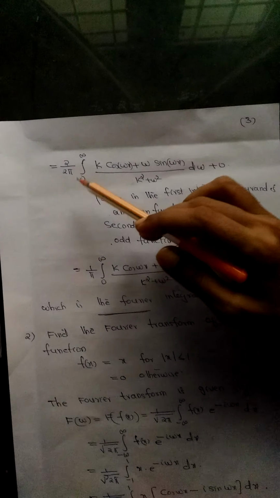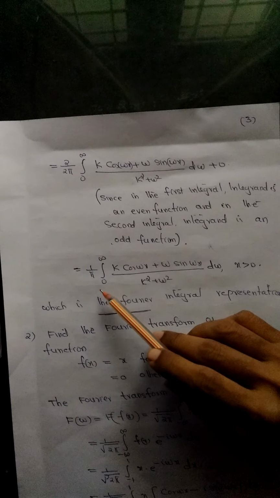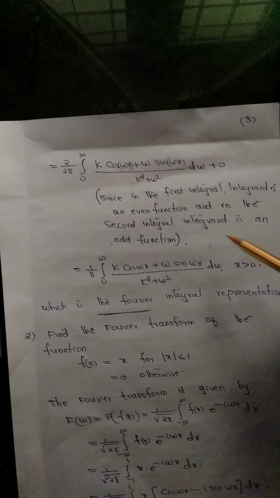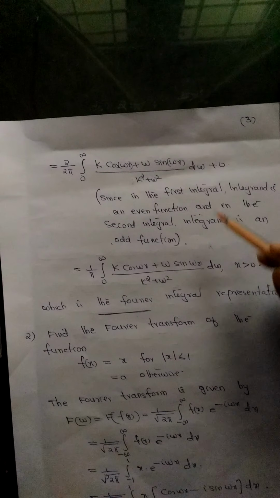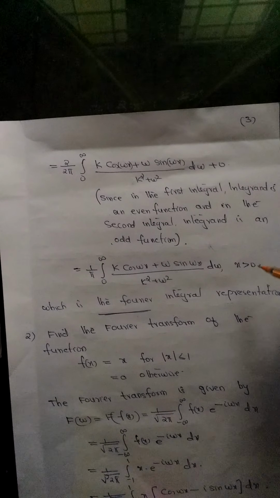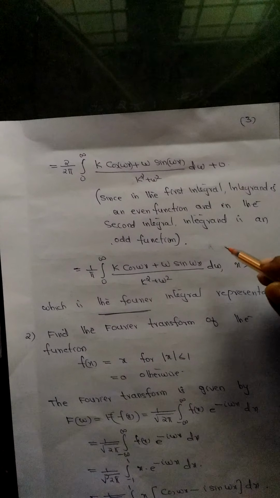So the 2 and 2 cancel, and this equals 1 by pi into integral 0 to infinity of k into cos omega x plus omega sin omega x divided by k square plus omega square, into d omega, which is the Fourier integral representation.